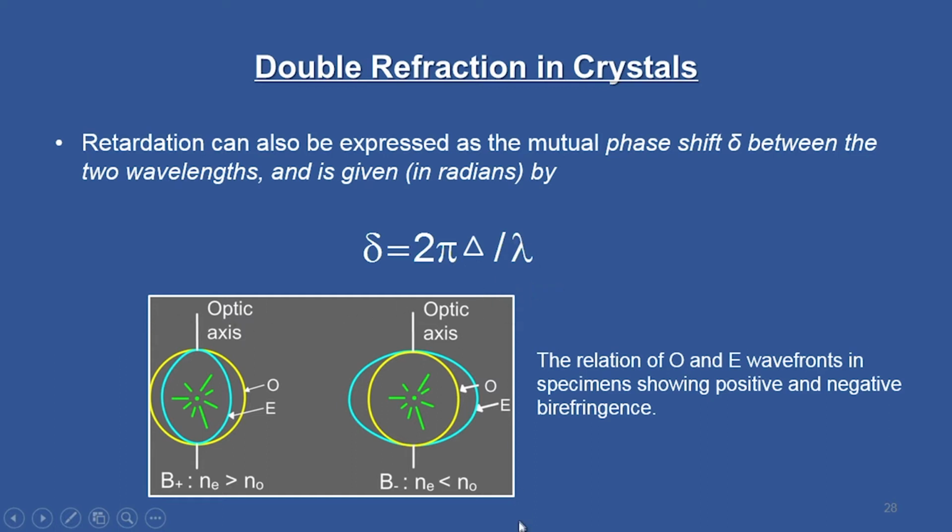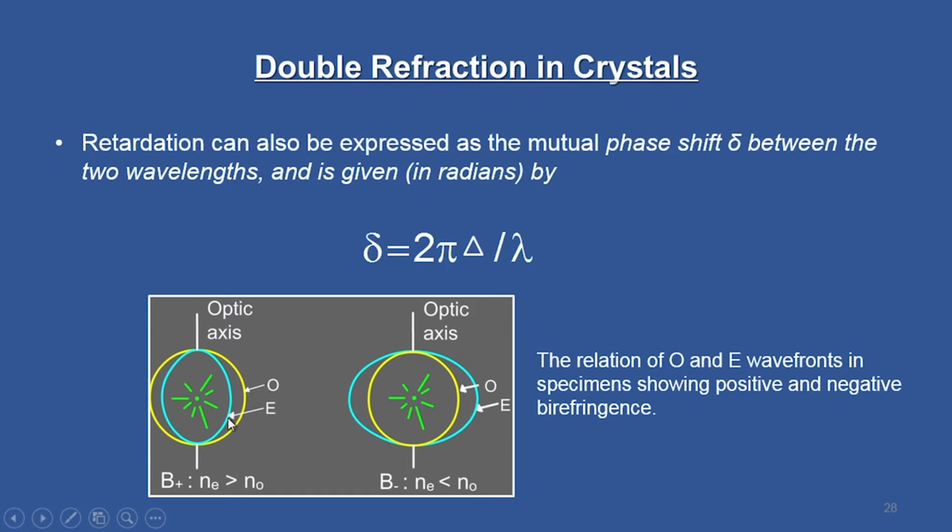Look at this schematic. You will appreciate this much more as we move along in this lecture. The first schematic shows the optic axis, and then you have the ordinary ray and the extraordinary ray.